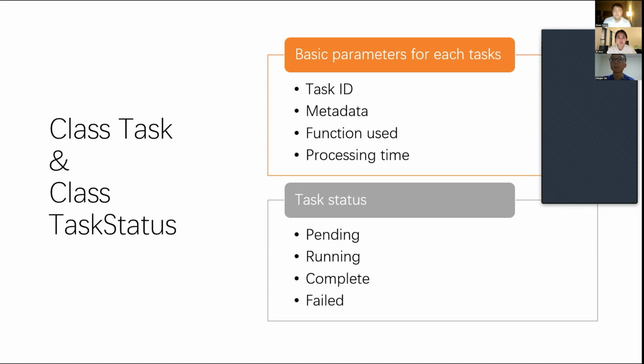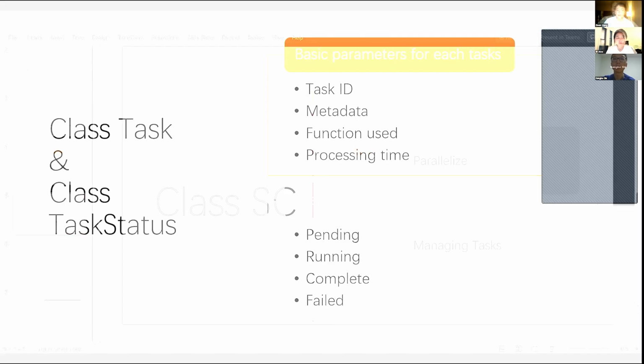And the task status class just holds the task status, which has 4 stages: pending, running, complete, and failed. This will help us to monitor each task's progress and completion status. And then I'll pass to Kevin to talk about our scheduler monitoring system.